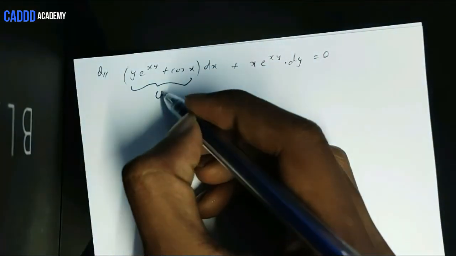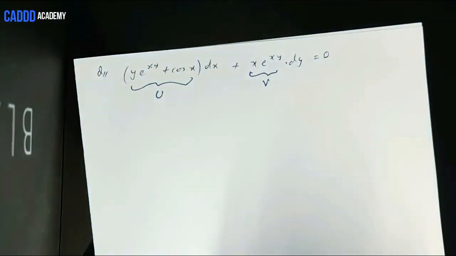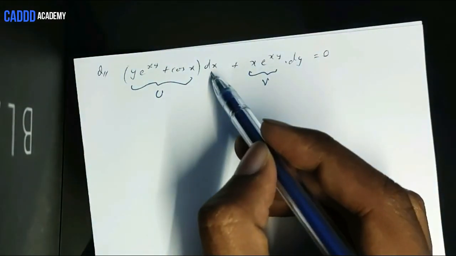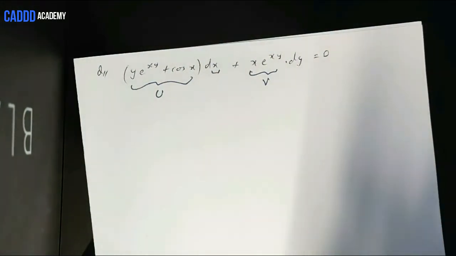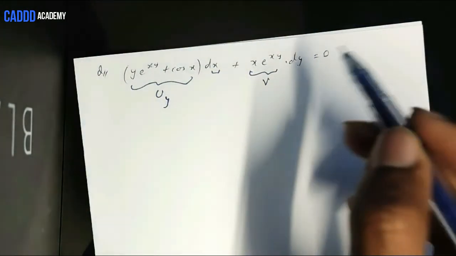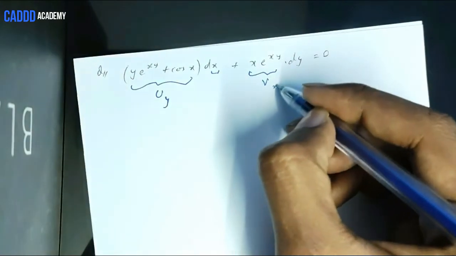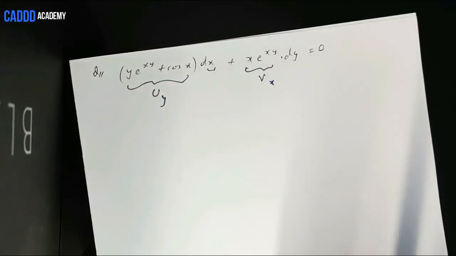So we will assume this as u and this as v. The term with dx, we will differentiate with respect to y, and the term with dy, we will differentiate with respect to x.